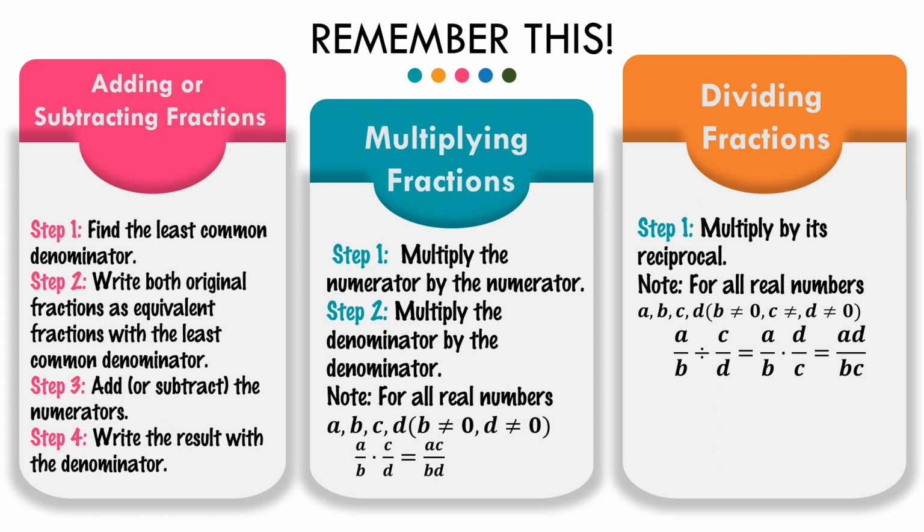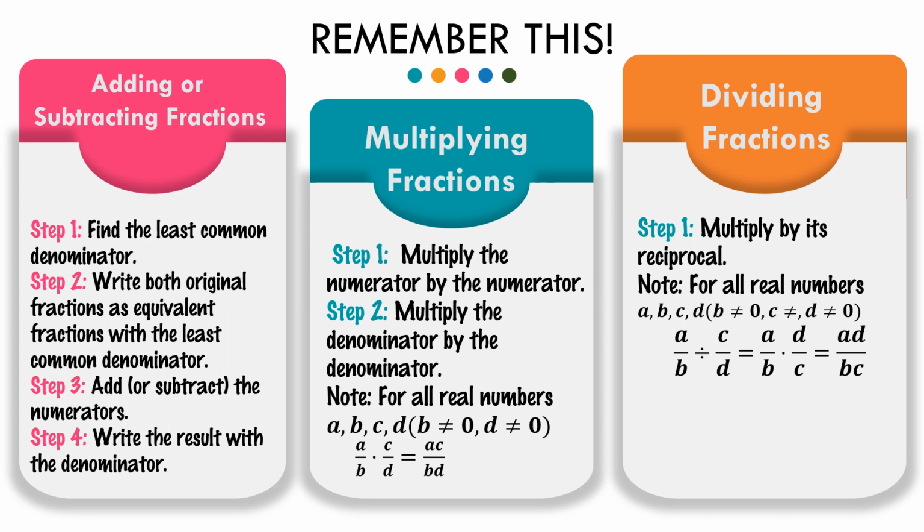Since both now have the same denominator, we add or subtract the numerators and write the result over the denominator. If the answer is not in simplest form, we have to write it in simplest form all the time.